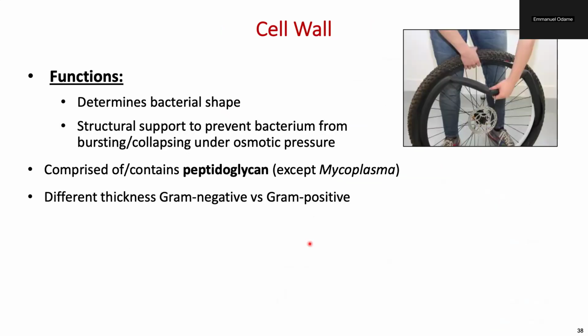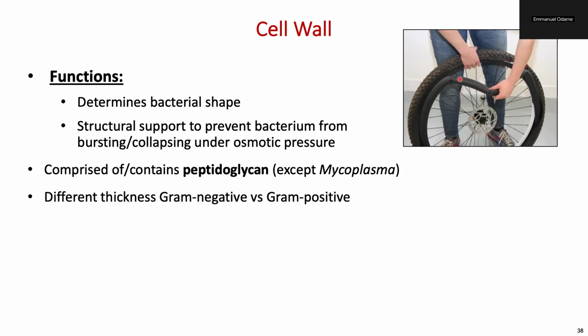And then lastly, we move to the cell wall itself. As for the cell wall, we already know the function. It helps determine the bacterial shape. It provides structural support to prevent the bacterium from bursting or collapsing under osmotic pressure. Think of the cell wall as a tire protecting the inner delicate tube. On your bicycle, you have a tube, and then you have an outer surface.